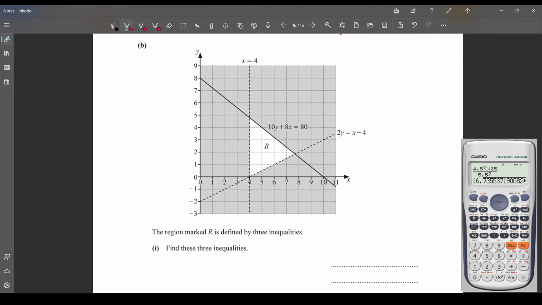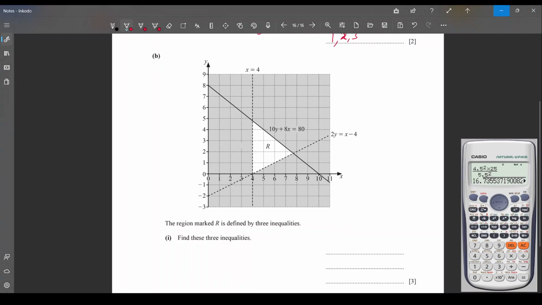So part B of question number 10, find the three inequalities. In this we can see that this is one of the inequalities, but this should not be the shaded region.